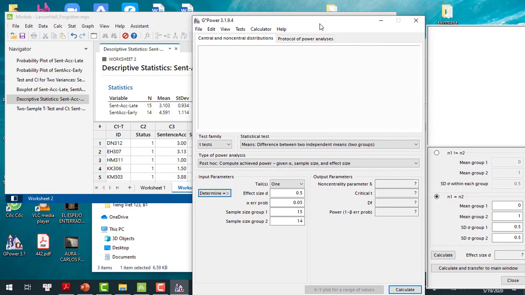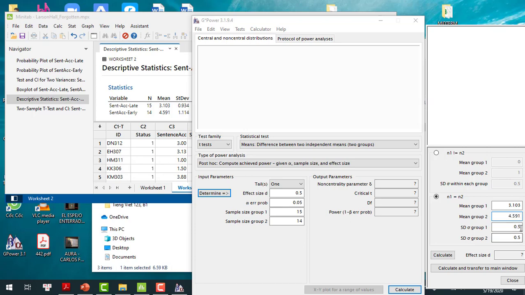Now we need to enter the data, so we're going to go here, determine, and notice that here I need to enter also the standard deviation. So the mean group 1, we said group 1 is going to be the late. The mean was 3.103, and the mean for group 2 was 4.591.